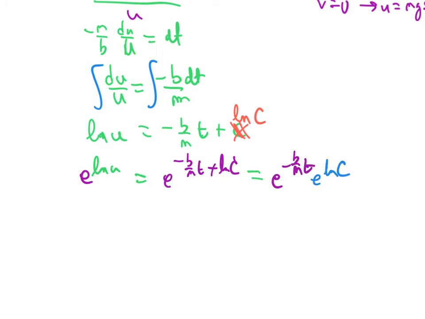Then we make peace with our algebra teachers, and we recall that e to the log u is just going to be u. I have e to the minus b over m t times c. So we get that u equals c e to the minus b over m t.